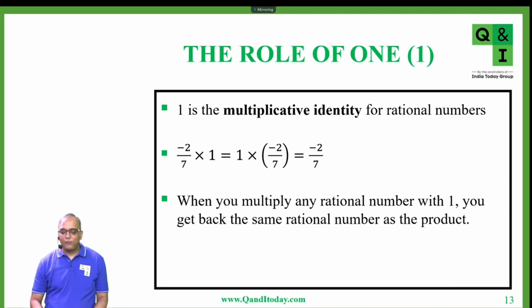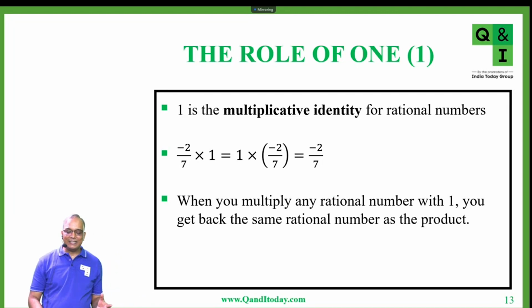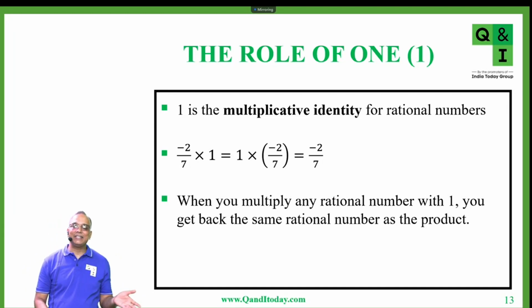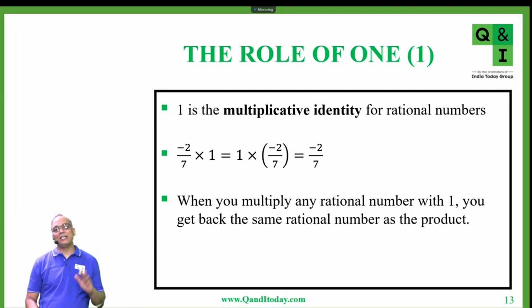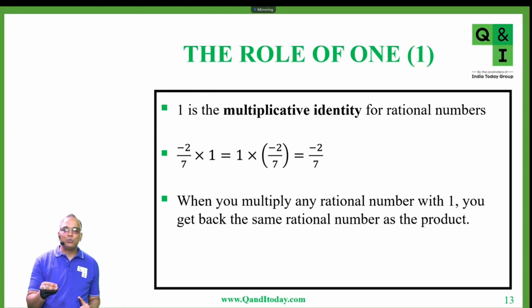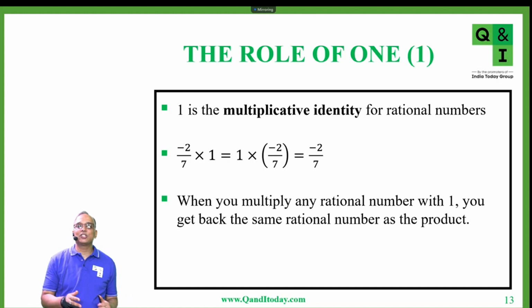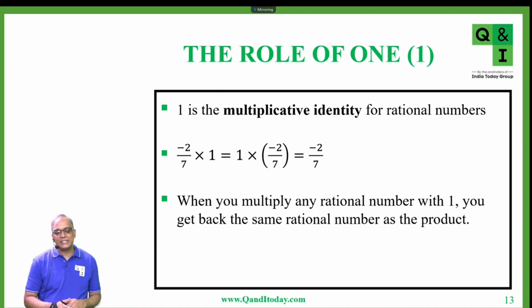Now the role of 1 is called the multiplicative identity. We have the additive identity, and then another identity called the multiplicative identity. It means that when you multiply a rational number by 1, you will get back the same rational number. So that's why 1 is called the multiplicative identity of a rational number.